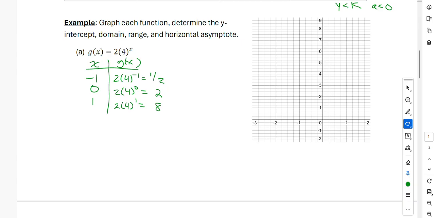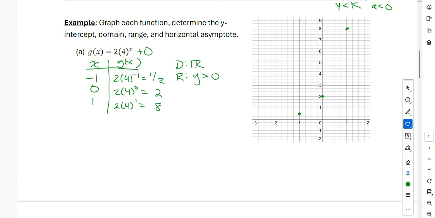All right, so let's plot these points: -1, 1/2; 0, 2; 1, 8. My domain is all real numbers. My range is y is bigger than 0, because on this 2 times 4 raised to the x there is a plus 0 on the outside for that value for k.